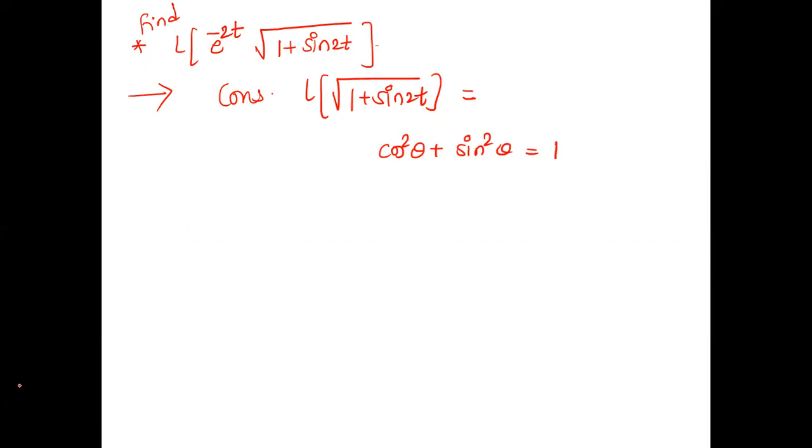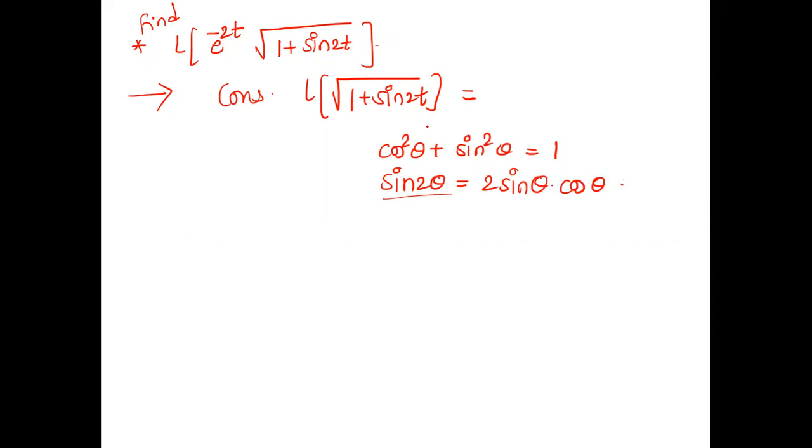Okay, and what is sin 2 theta? Formula. Sin 2 theta is 1 minus cos 2 theta. No, no, no, I'm not asking sin square. I'm asking sin 2 theta. 2 sin theta into cos theta. Right, 2 sin theta cos theta. This is the formula.